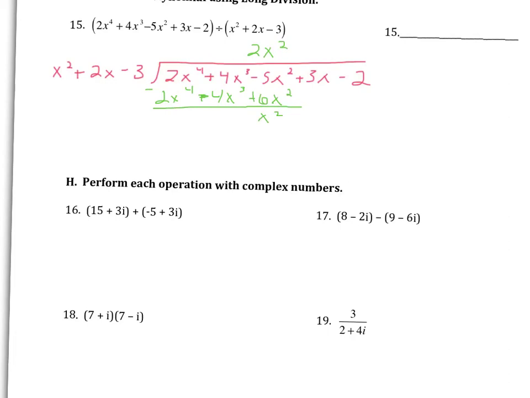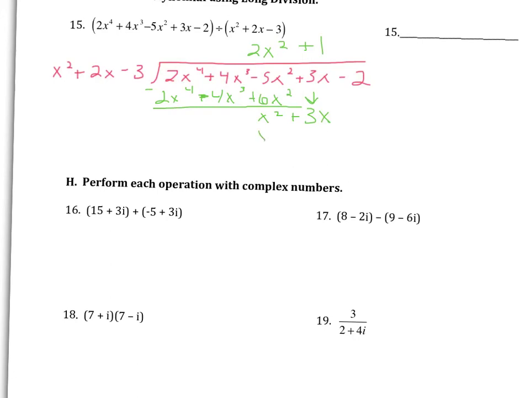So now we're going to drop down the 3x. And then I'm going to ask myself, what do I have to multiply x squared by to get x squared? And that's just a plus 1. And now I'm going to multiply 1 times x squared plus 2x minus 3.